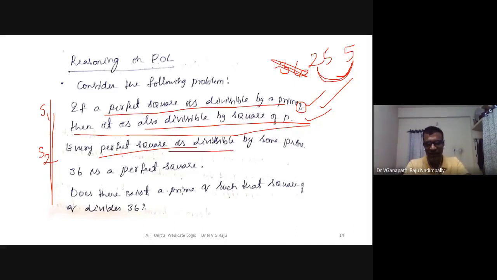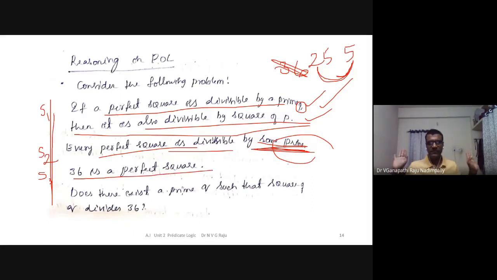Not only 25, but also 16, 25, 36, 49 is divisible by some prime. He is not saying a specific prime. For example, if I take 25, the prime is only 5. What he is saying is every perfect square is divisible by some prime. It can be any prime. Now the third statement, S3, is: 36 is a perfect square.